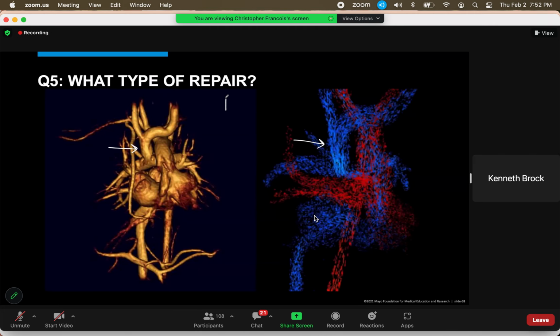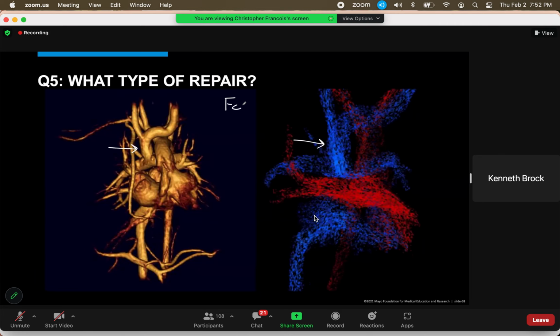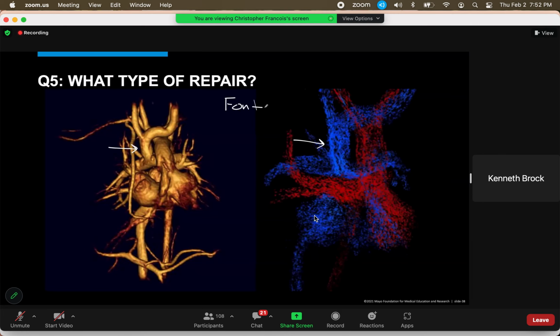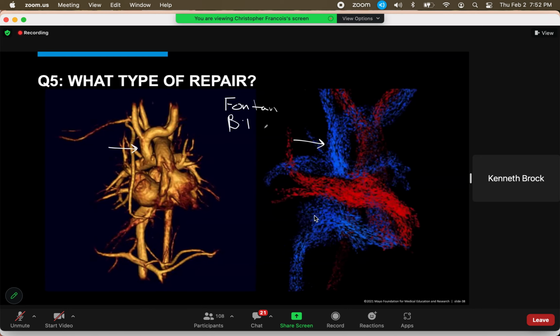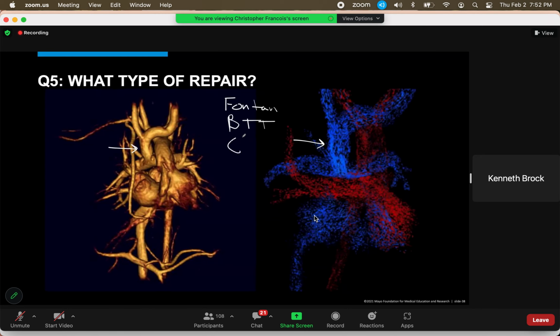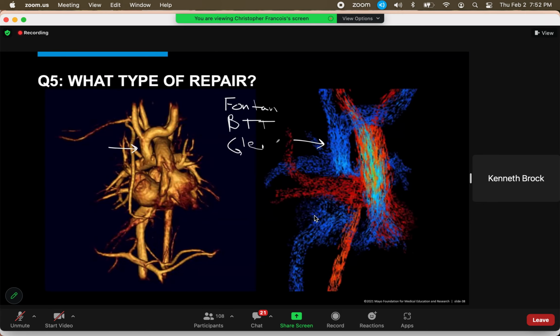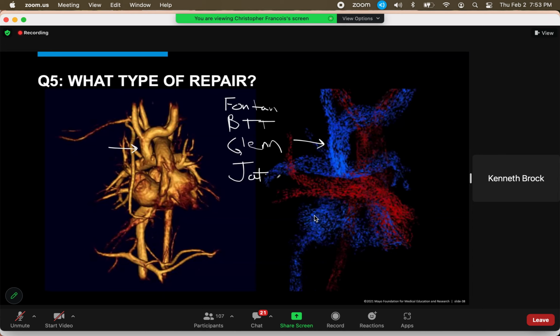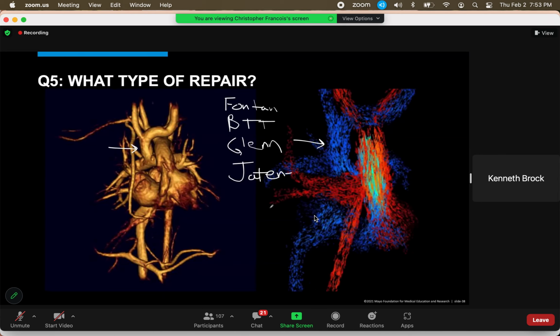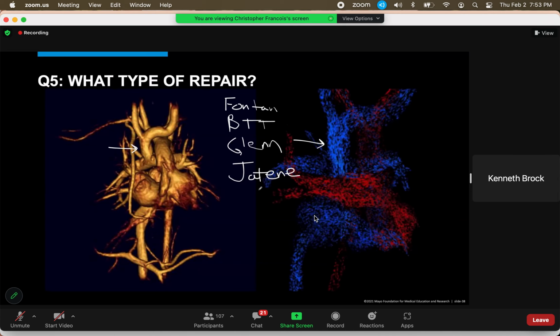This looks like, okay, so it's venous blood, and it looks like it's going towards the right atrium, and it's connected to the aorta's there. I don't know if I see the pulmonary trunk.